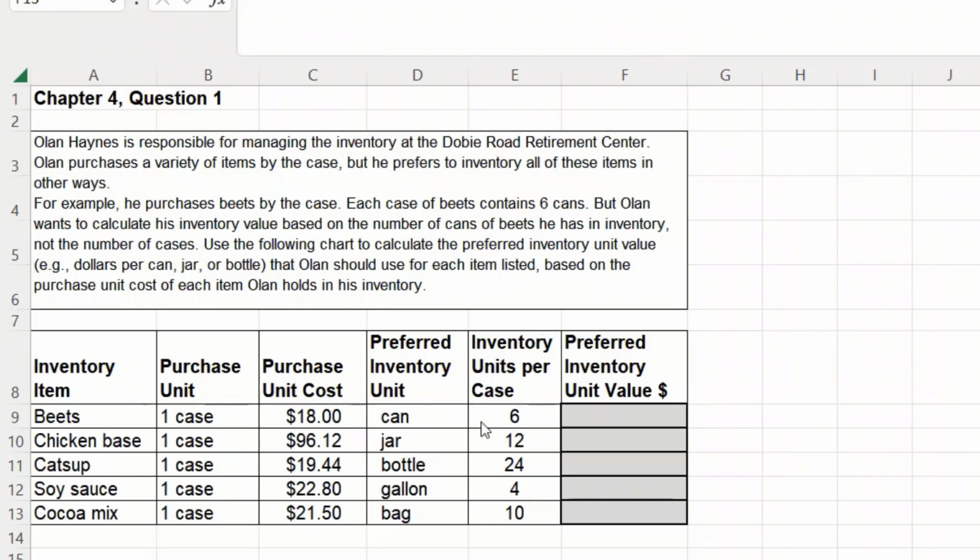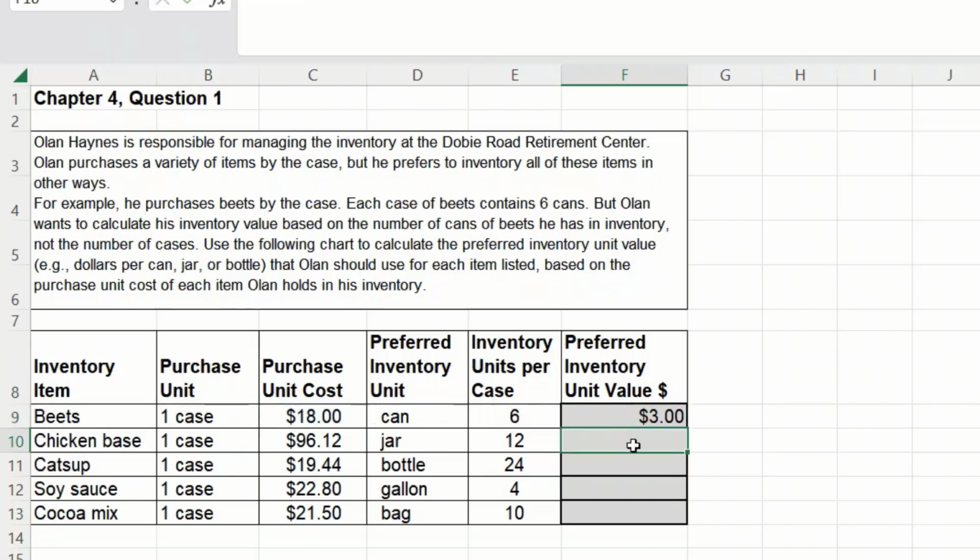But when he opens them up and uses them and puts them on the shelf, whatever he has left, he counts them by the each. So if we're determining how much each can costs, we will take our purchase unit cost, which is the case. We're going to divide that by the units in that case.